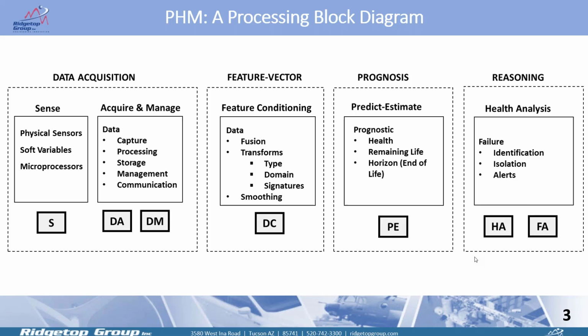They talk about a feature vector or data processing framework, then a prognosis framework, which does all the prediction, and then a reasoning, which is fault identification, isolation, alerts, and of course your management. And the IEEE Society, for example, and the standards group that's being worked on, they've assigned various symbols to these various processes.